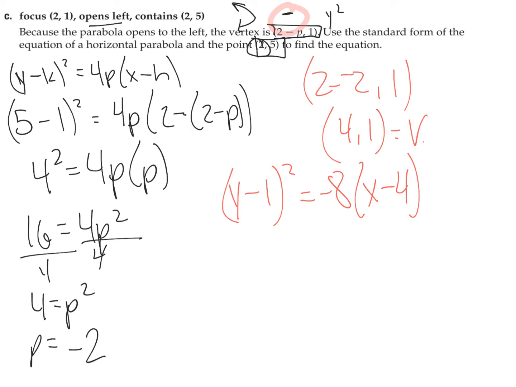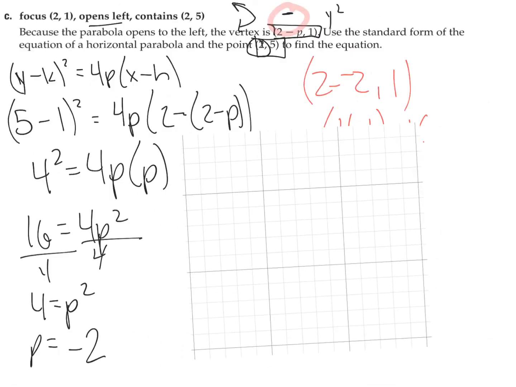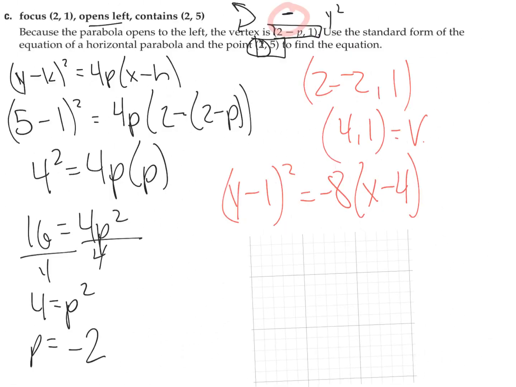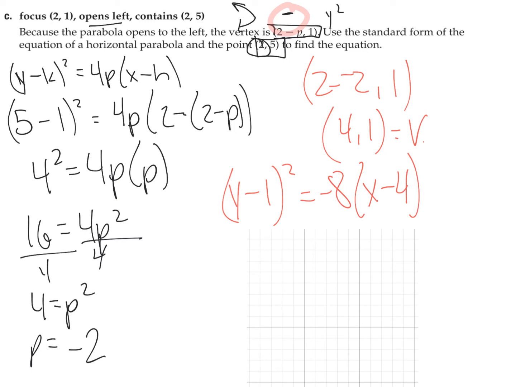And for this one, I'm just going to give you guys eyeball with the points to show you that once we find the focus, the directrix, all of that, it kind of flows in. Okay, so first point is at 4, 1.